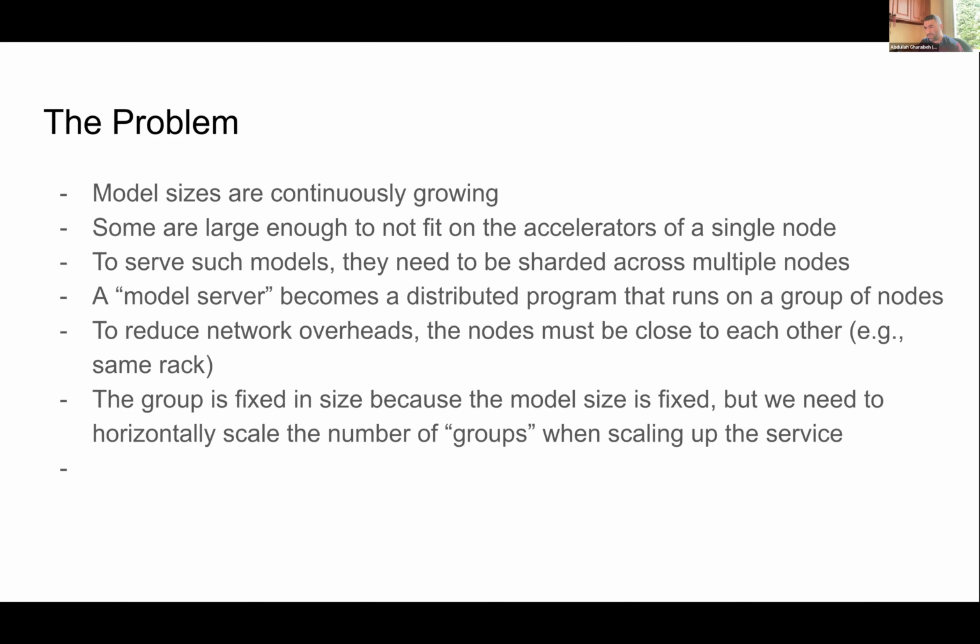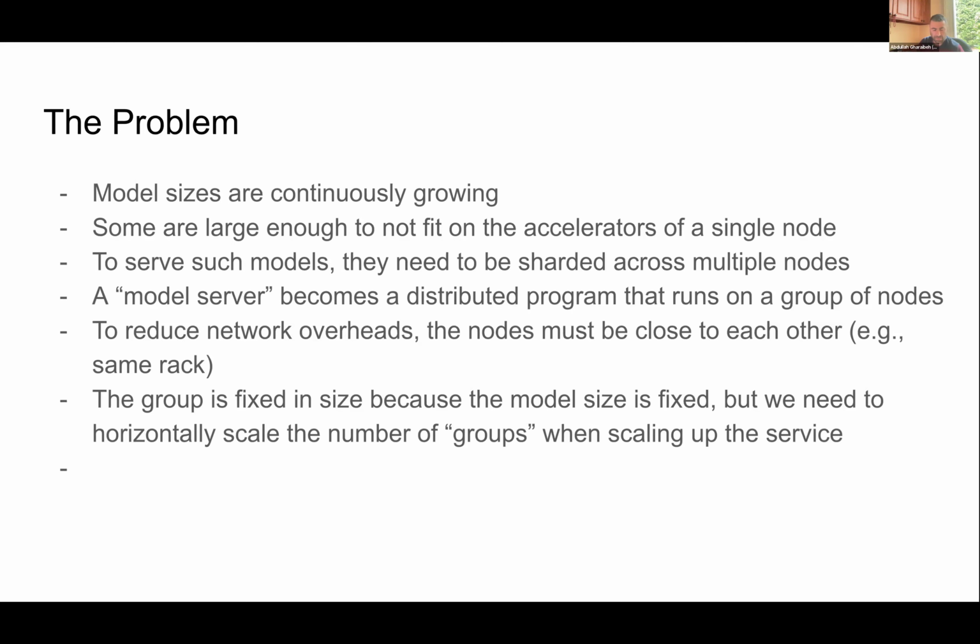Usually the group size is fixed. What I mean by that is the model size. For example, Llama 3 with 400 billion parameters, you would probably need maybe two nodes. We're not going to autoscale the size of that group. Same thing when you use Llama 7B or Llama 70B: you decide, I need 2 A100 GPUs, for example.